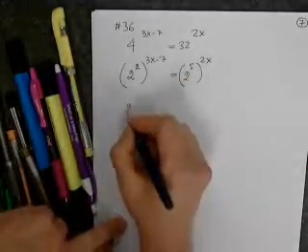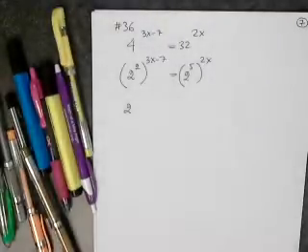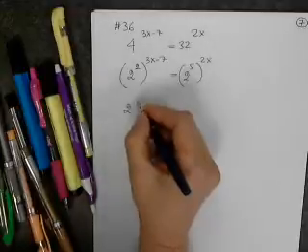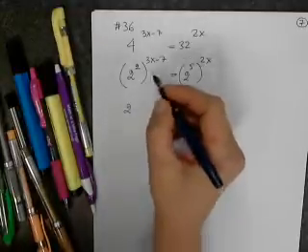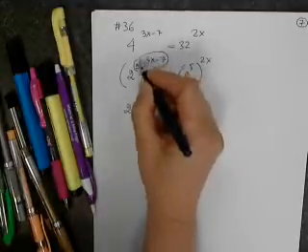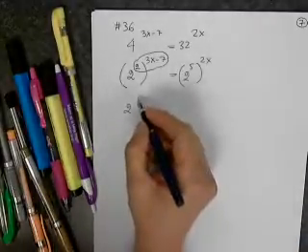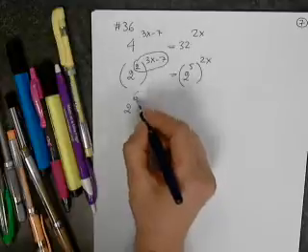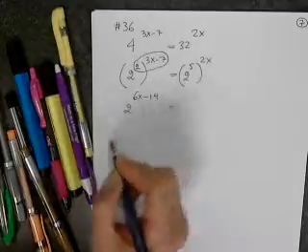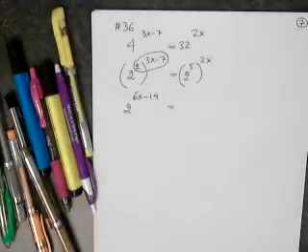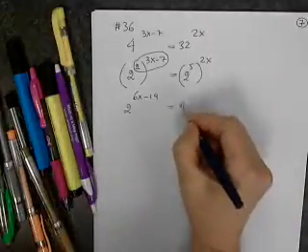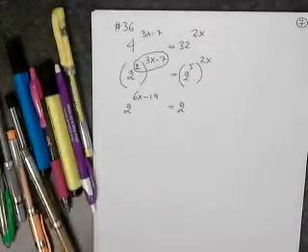Now on the left-hand side, copy the base, and please tell me what to write, depending on the operation we need to perform here. What is the operation? 6x minus 14. We multiply the powers. The same thing on the right-hand side. 2 raised to the 10x.